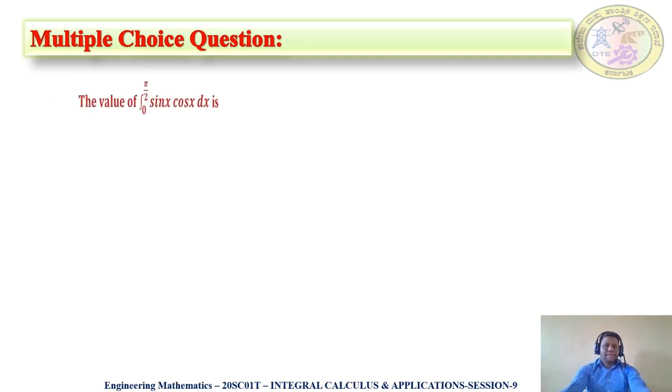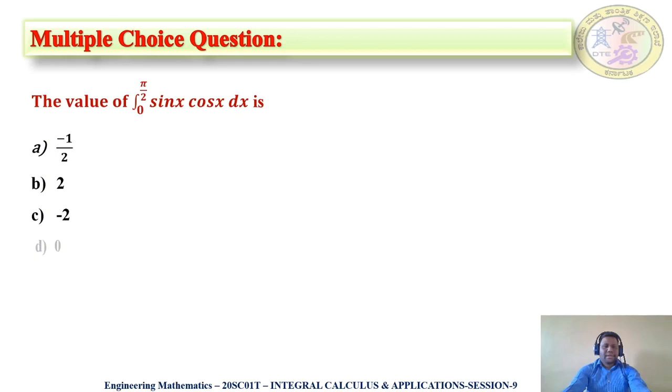Now we discuss one multiple choice question here. The value of integration from 0 to pi by 2 of sin x cos x dx is: minus 1 by 2, 2, minus 2, and 0. So for sin x cos x dx, if you put sin x equal to t, the differentiation of sin x is cos x dx equal to dt.